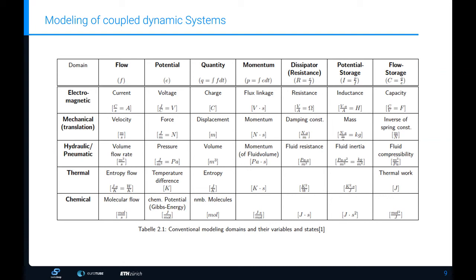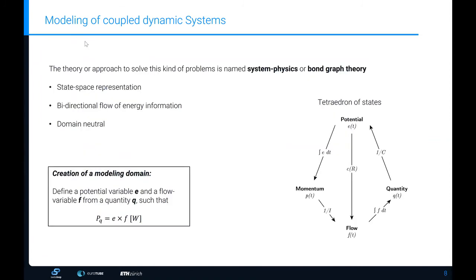In the electrical domain, you have the inductance and the capacitance, and you can do this on nearly every domain you like. So you can choose a quantity, and then you have to follow the rules which are stated here.